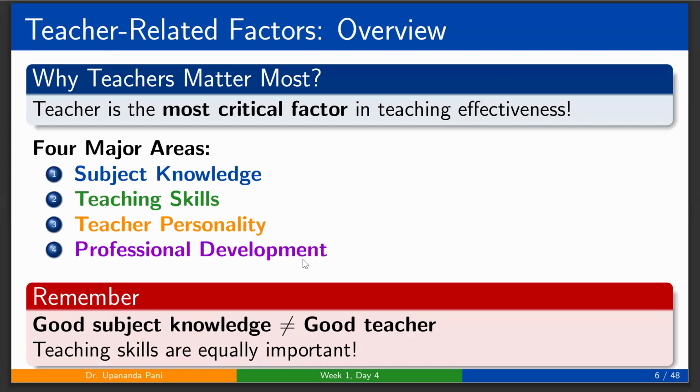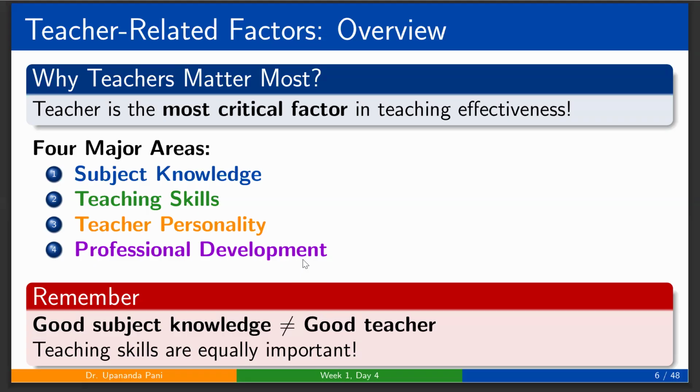Now, let us start with teacher related factors, because you can see over here teachers are the most important part of this ecosystem. The question is, why do teachers matter most? Teacher is the most critical factor in teaching effectiveness. There are four major areas: subject knowledge, teaching skills, teacher personality, and professional development.